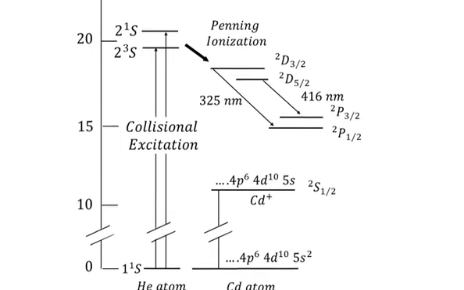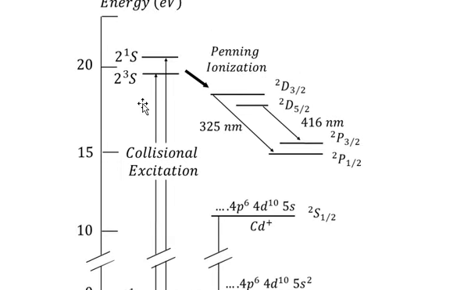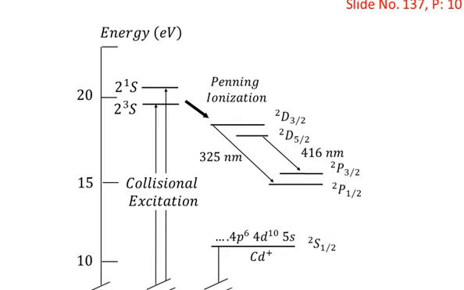And these are the two excited metastable levels of the helium atom, 1s and 3s. These were obtained through collisional excitation. For the analysis of these energy terms, you can consult the structure of helium as we discussed in the previous slide, that is, slide number 136.